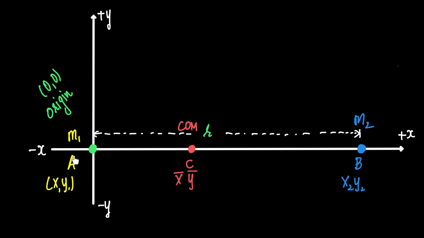The position of m1 is always written as a in this example. The position of m2 is referred to as b. The position of the center of mass is correspondingly referred to as c. The coordinates of m1 wherever mentioned are x1 y1. Coordinates of m2, irrespective of which the origin is, are mentioned as x2 y2, and the coordinates of the center of mass of the system consisting of m1 and m2 are referred to as x bar y bar. The distance between a and b, which represents the distance between m1 and m2, is taken as r.